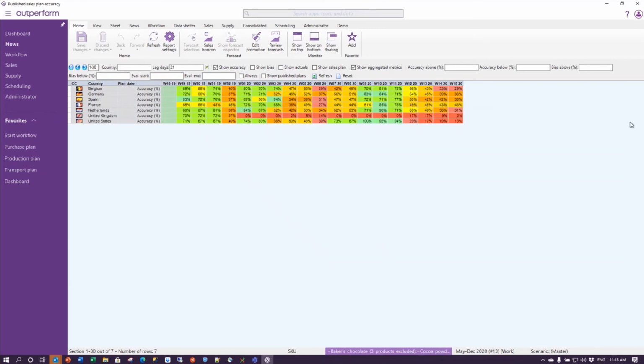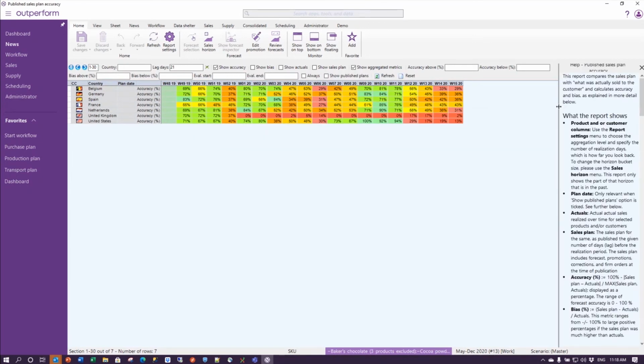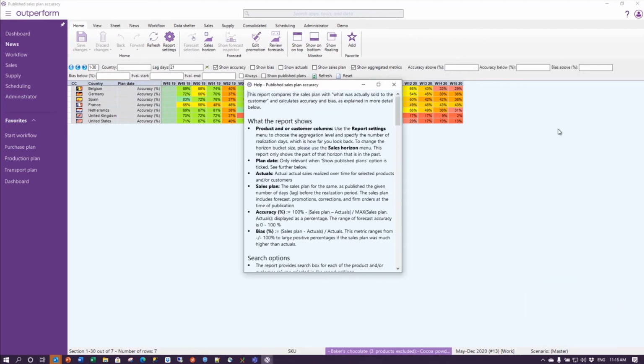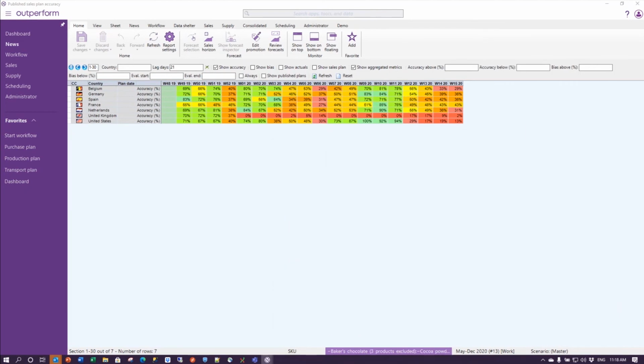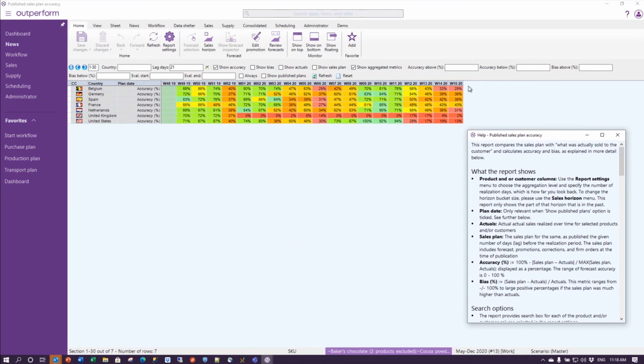I certainly recommend you to read the F1 help of this report, which you can also grow a little bit, and you can take this one to the side or maybe put it on your other monitor, because these filters over here, accuracy above, accuracy below, evaluation start, the tick mark always, all that is dedicated to a requirement that you may have to find which ones are my good forecasts, good sales plans, and which ones are my bad ones.